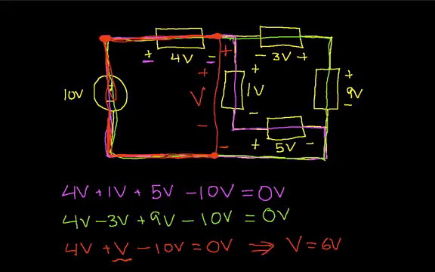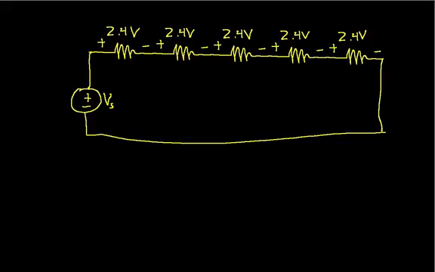So let's do one quick example that will hopefully make this clearer. Basically what I have here is a voltage source connected to 5 light bulbs which are in series.